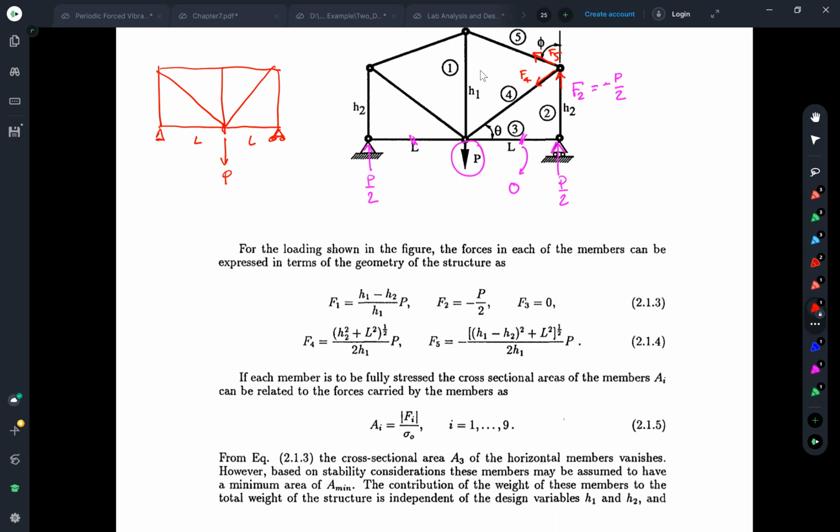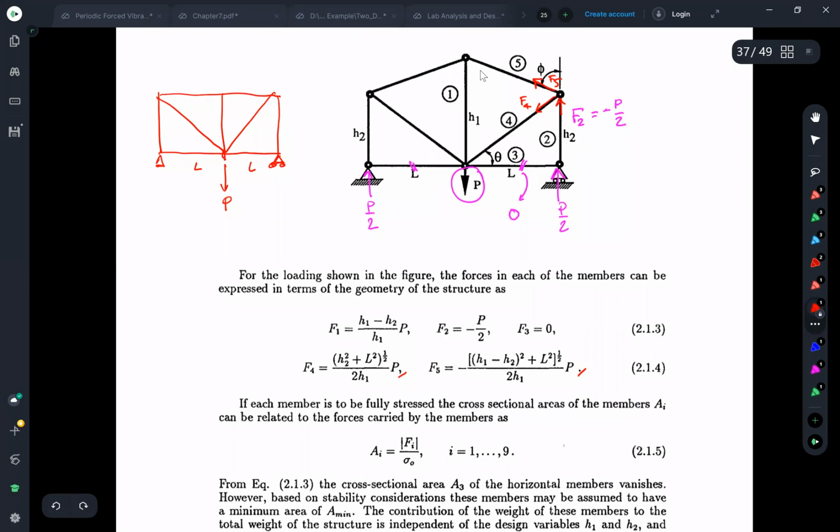So I believe that you can get the solution of the internal forces F4 and F5 without any difficulty. And if this example is correct, you would get something like F4 equal to this amount, F5 equal to that amount.